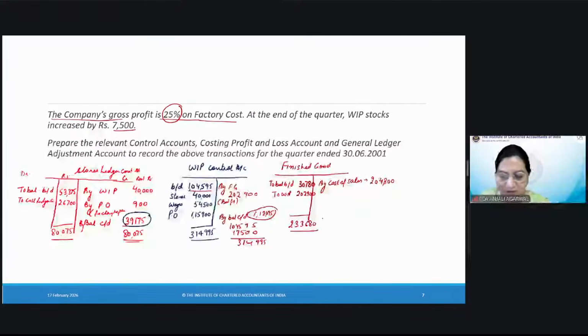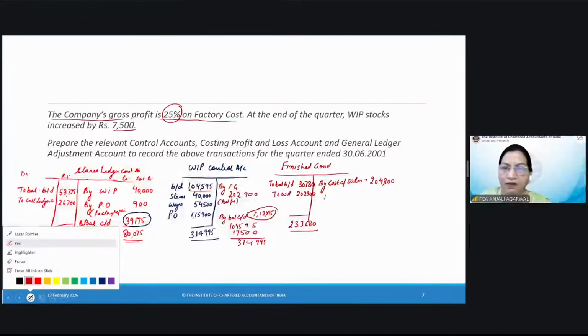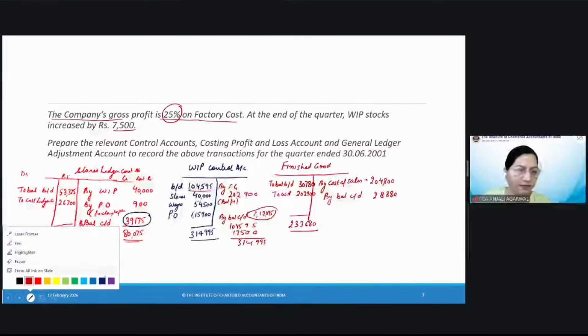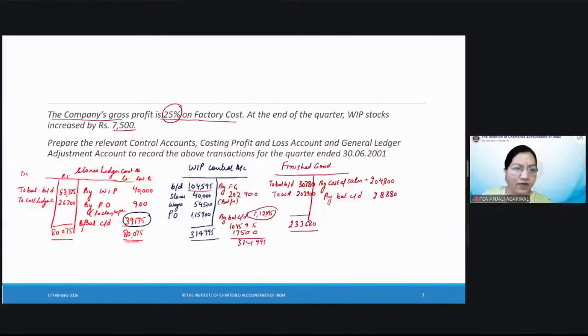Out of this, 2,04,800 has been sold, which means you should be having a balance carried down of 28,880. Right. If your calculations are okay, you will end up getting the perfect answers. So we have three closing balances, 1, 2, and 3.